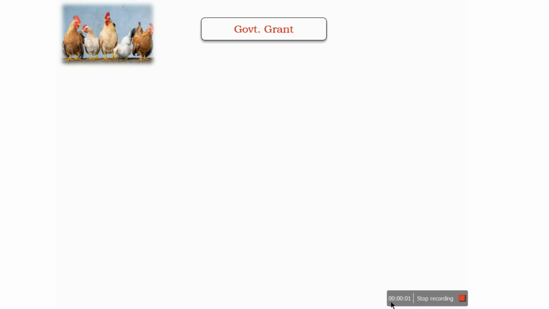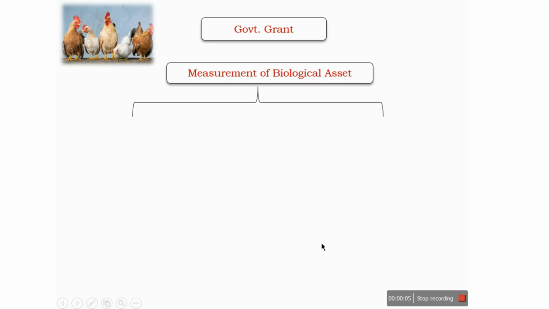Next topic is government grant in respect of biological assets. So recognition of government grant in respect of biological assets will depend on how we measure the biological assets in our books of account. If biological assets are measured at cost, in that case we need to apply IND AS 20. IND AS 41 will not apply if biological assets are measured at cost.